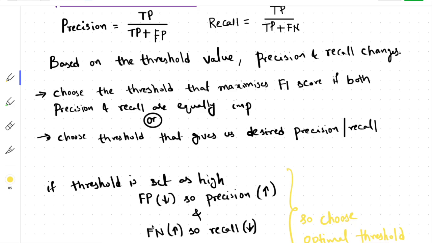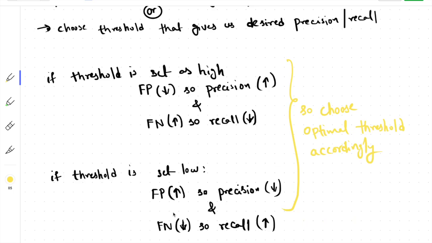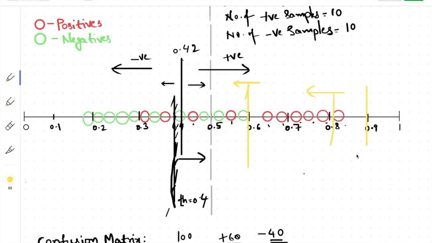At the same time, since the threshold is set to the extreme right, false negatives would increase. Because if we set it to the extreme right, then all the red values that are to the left of the threshold, we assume to be negative, right? The model will predict them to be negative, but they are actually positive.